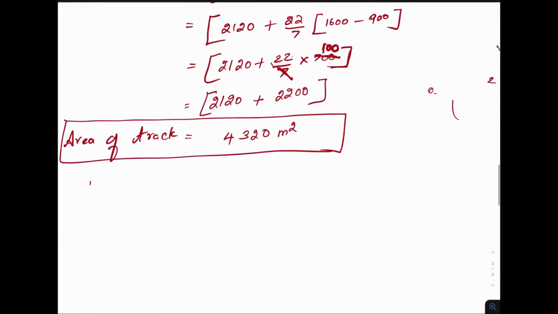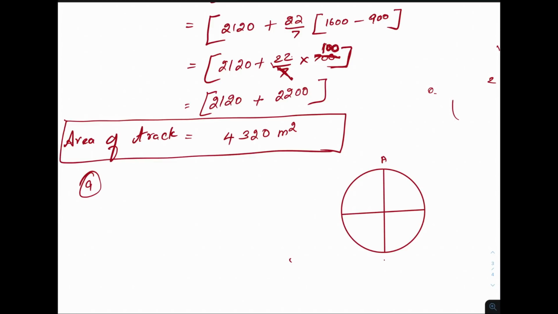That is question number 9. AB and CD are two diameters of a circle perpendicular to each other. So we'll draw a circle here, and AB is one diameter and CD is another diameter.